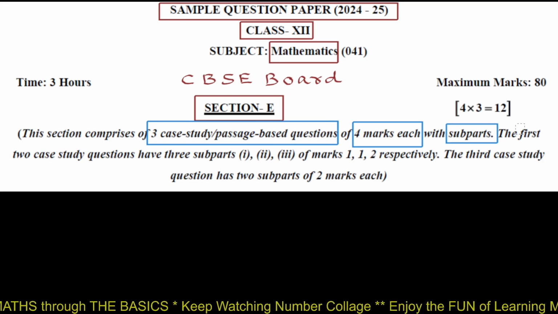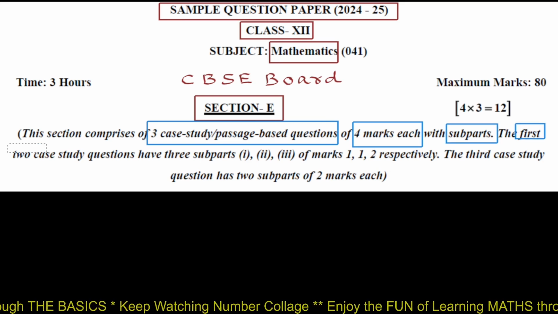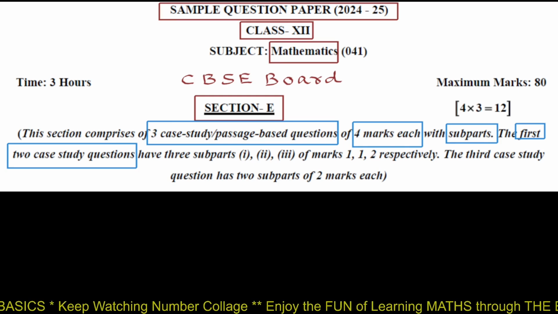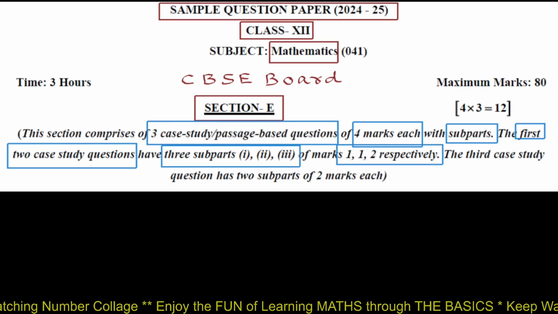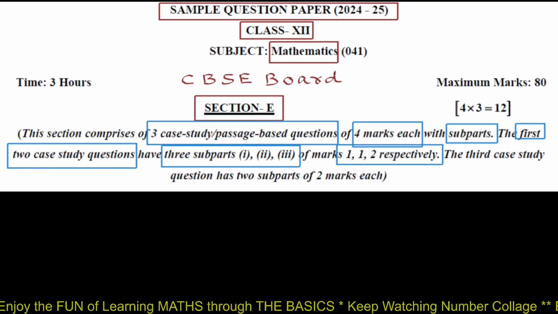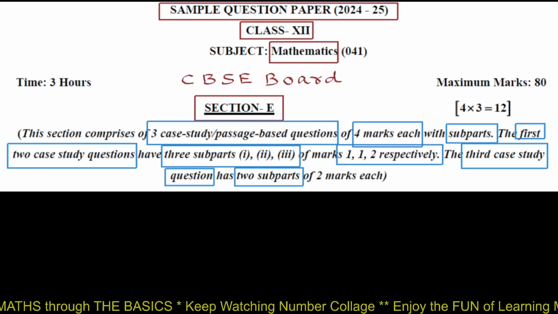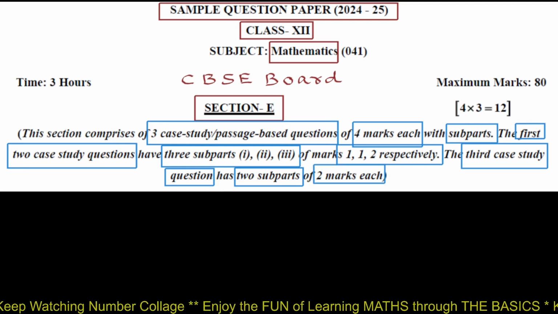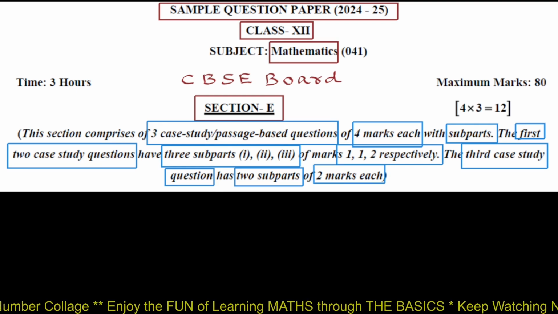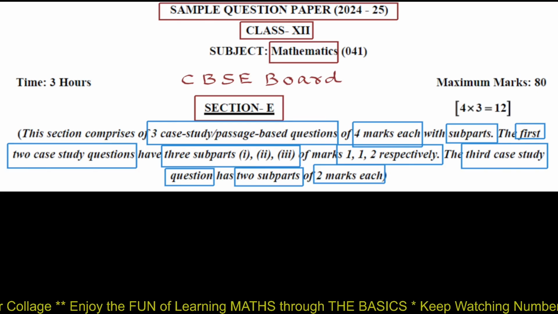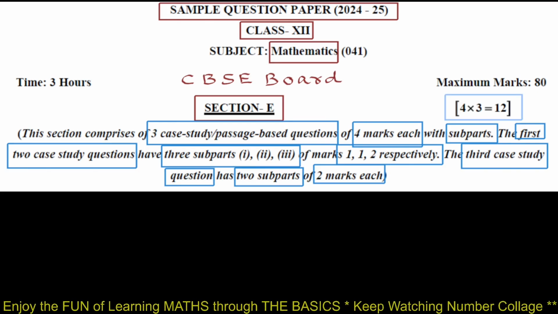The first 2 case study questions have 3 subparts of marks 1, 1, 2 respectively. The third case study question has 2 subparts of 2 marks each. So, by solving Section E completely, you can get maximum 12 marks.